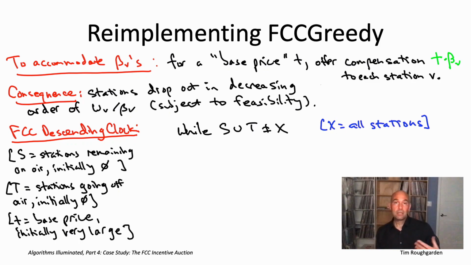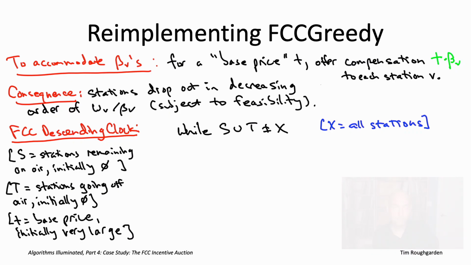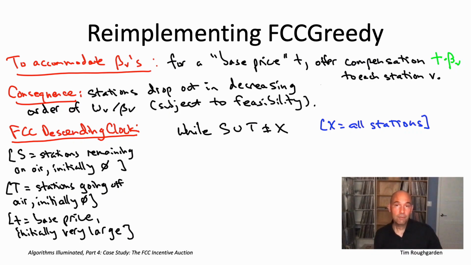So the main while loop is going to keep running as long as there's at least one station with its fate undecided. So as long as there's some station in capital X, the stations we're given in the first place, which we have put in neither capital S nor capital T. Each iteration of this while loop is referred to as a round of the auction or of the algorithm.